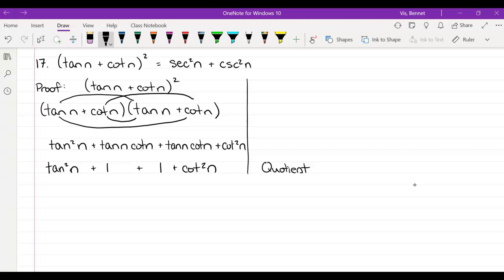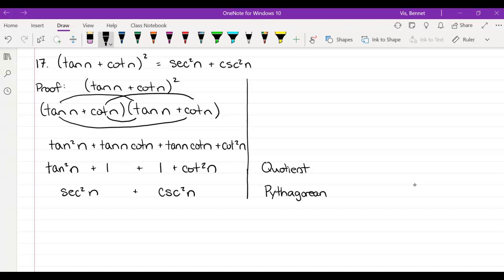And I'm going to do that because now these are just Pythagorean properties. I don't want to really combine these and make a 2, I'd just have to split it back up. But tangent squared n plus 1, that is the secant squared. And 1 plus the cotangent squared, that is just the cosecant squared n, and I would need to justify that step. Pythagorean property, and right away, that's it.